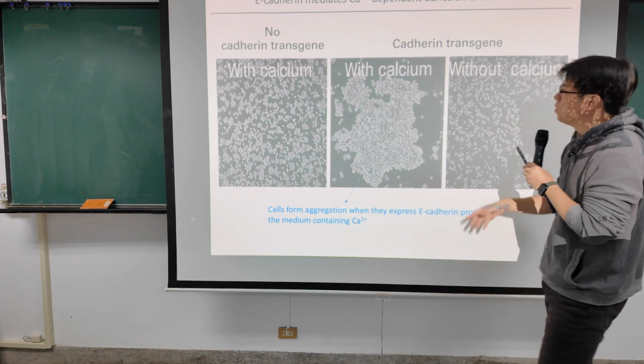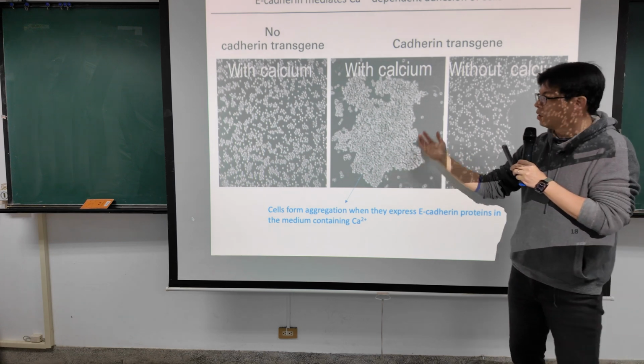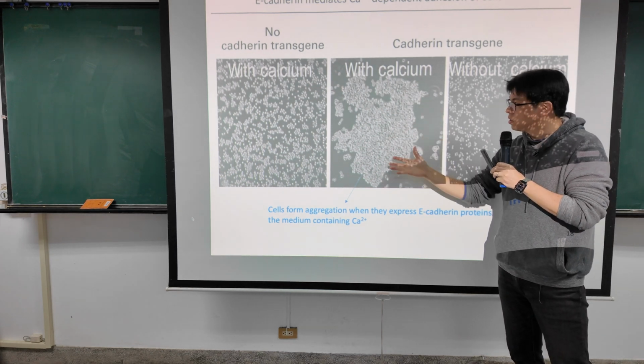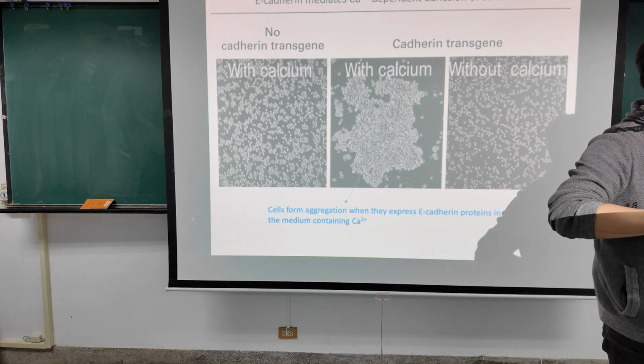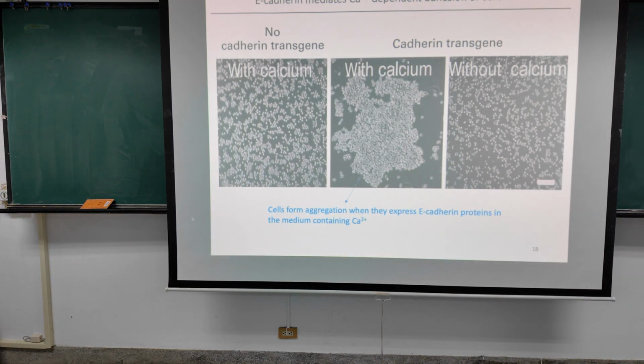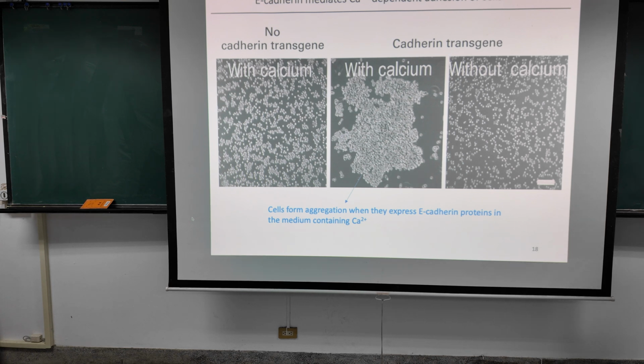But if you put in calcium and the cells have cadherin, they can form bigger clusters, because cadherin helps them interact with each other and assemble together to form an aggregation. But if you take calcium out of the medium, even if the cells express cadherin, they cannot form such a cluster. So it depends on calcium.